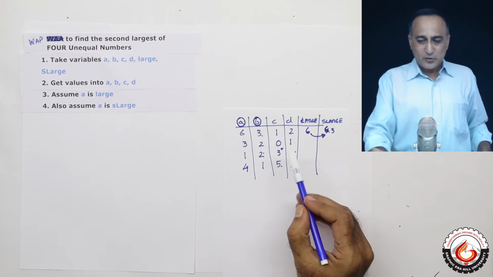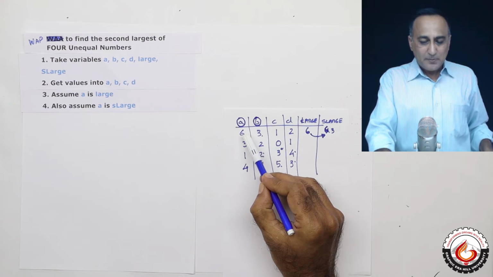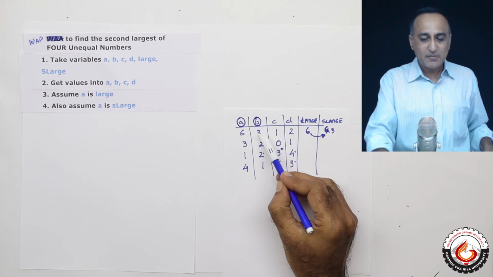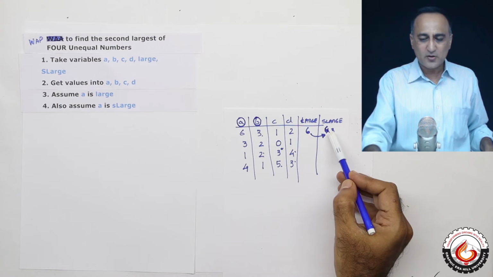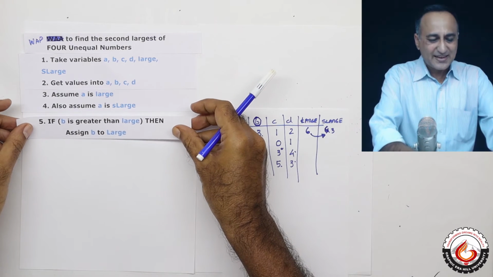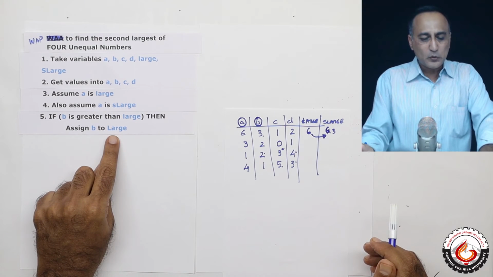Now the next step, as I told you, I am going to compare B with large. If B is bigger than large, then large will be replaced by the value of B and nothing will be done to second large, because second large was already the old value, it will remain as it is. So if B is greater than large, then I am copying the value of B to large.